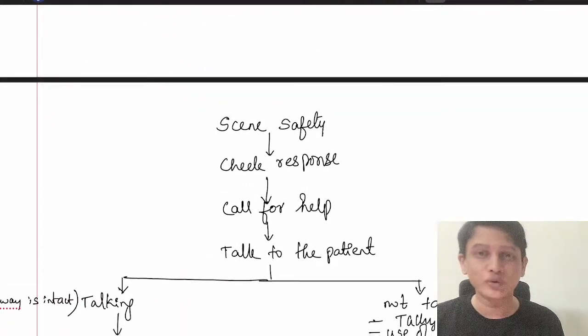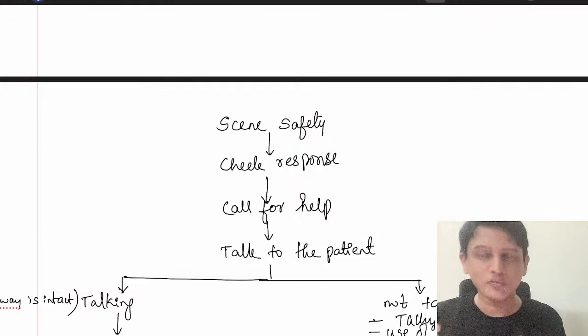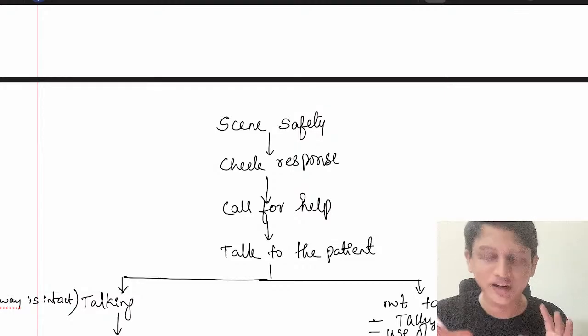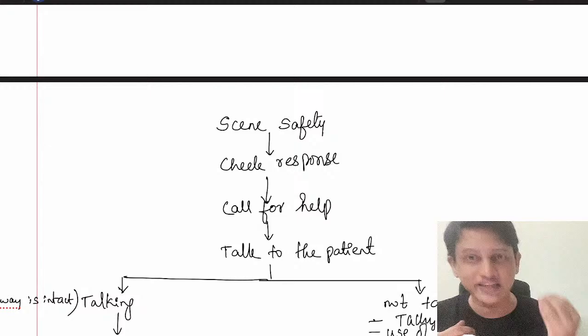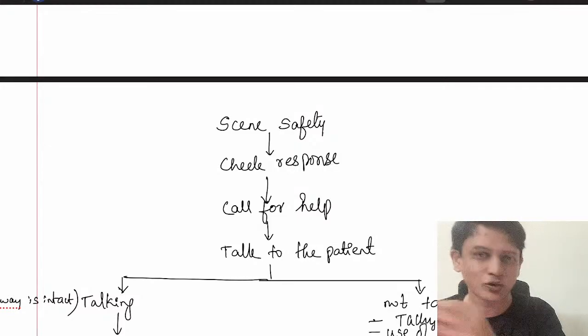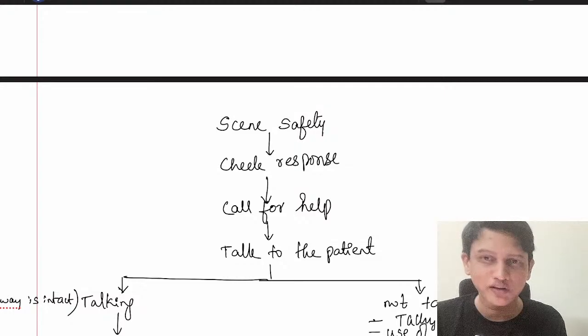because you don't have time to call your general surgery friends or anyone else. When you are in the trauma bay, in your emergency room, all are posted together: the maxillofacial surgeon, general surgery resident, OBG resident. Most of them would have gone for a cup of coffee or tea, and you are alone sitting there.